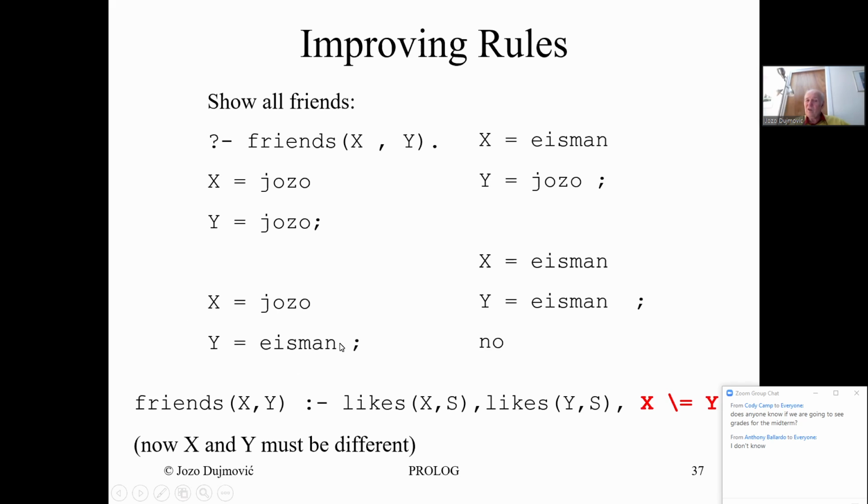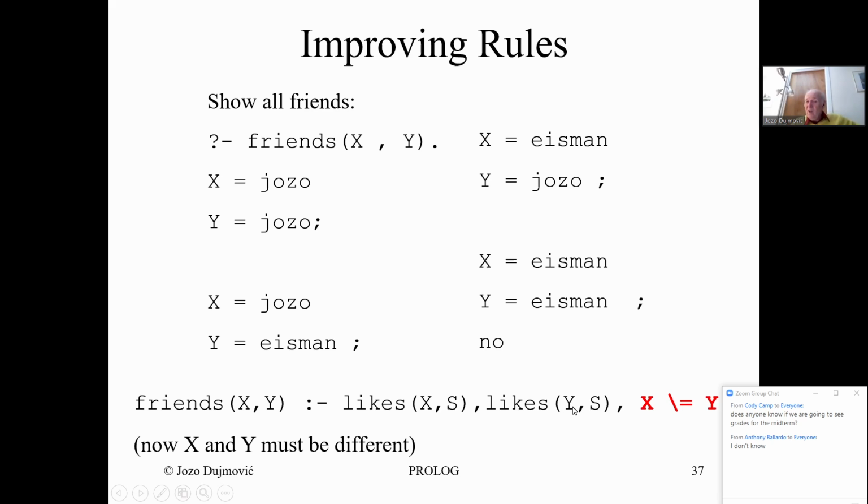And then you wait to see what is going to be the next thing. If you put here return, then it will give you a prompt and tell you, okay, give me the next solution. Or if you say continue search from this position, it is going to go from this X is Yozo and Y is Iceman.